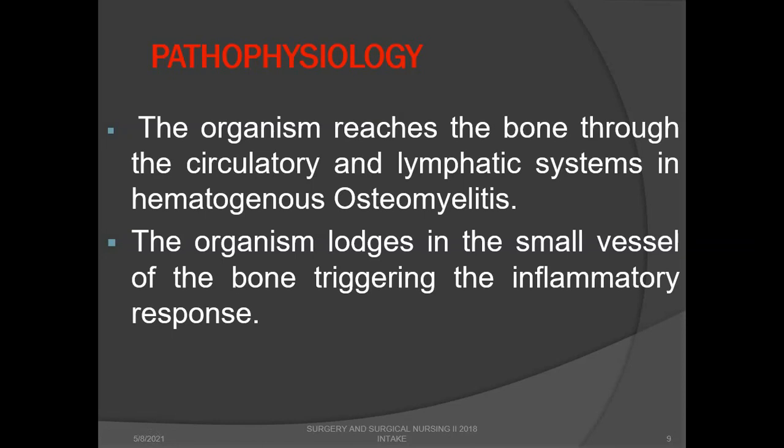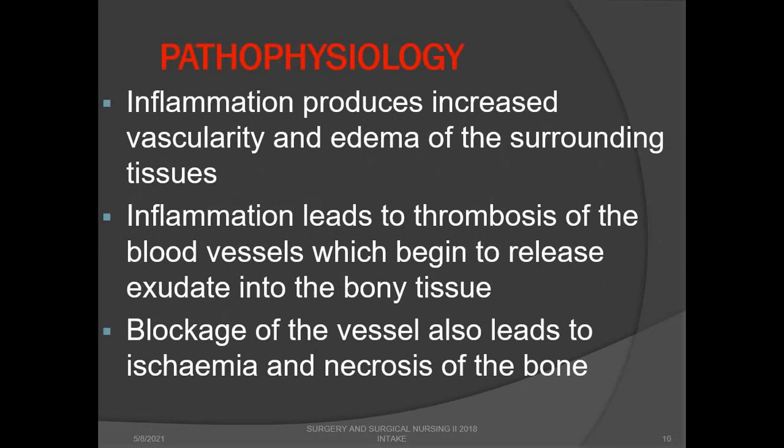So when the organism lodges in the small blood vessels of the bone, it triggers the inflammatory process, which is activated to fight infection. Knowing that the organism is a foreign body in the blood vessels, inflammation is triggered in order to fight the infection. Then inflammation produces increased vascularity and edema of the surrounding tissue, and that's why we find swelling.